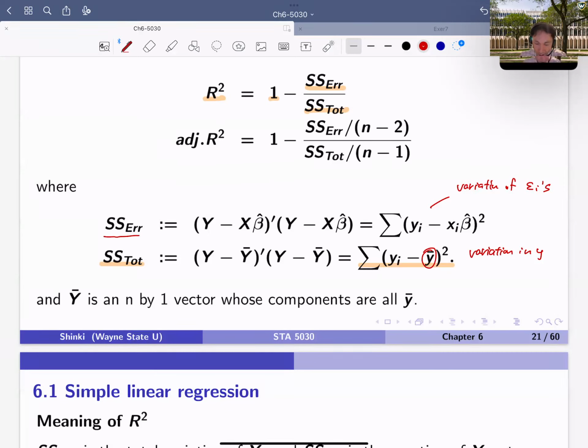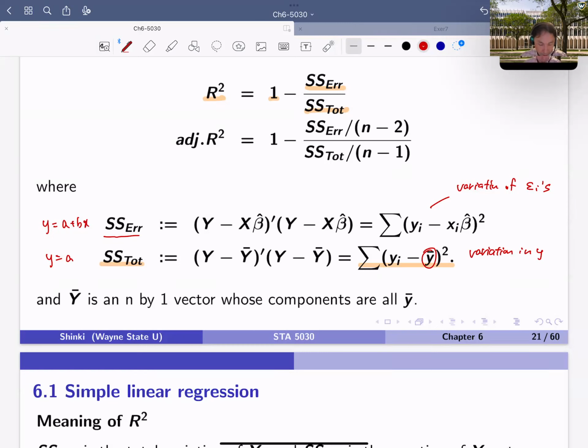And SS error is the error size when we are allowed to use the intercept and also the slope. So this means the error size for the model y equals a, and the error size for the model y equals a plus bx.